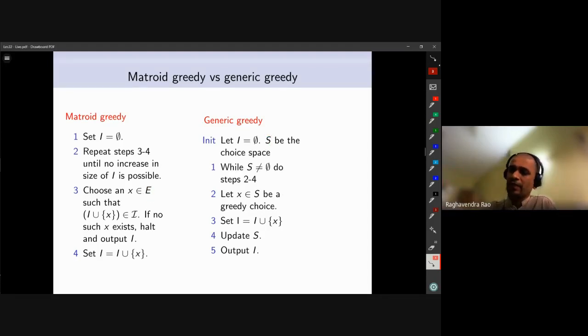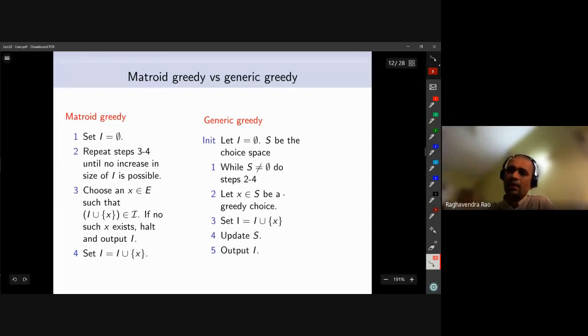The only specific thing is there was an update of S here, whereas we didn't have any update here. That update is just to ensure that you reduce your search space. That again could be specific to the problem.